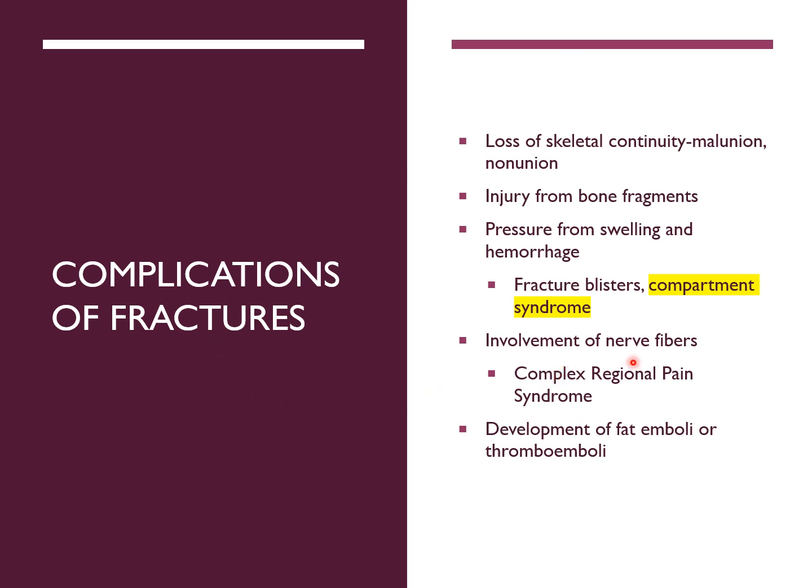We can also get involvement of nerve fibers or nerve pain from fracture. So complex regional pain syndrome, or CRPS, is a neurological condition that impacts limbs and results usually from some kind of surgery or injury. So usually what we see in a patient is complaints of pain that are well out of proportion to the level of injury.